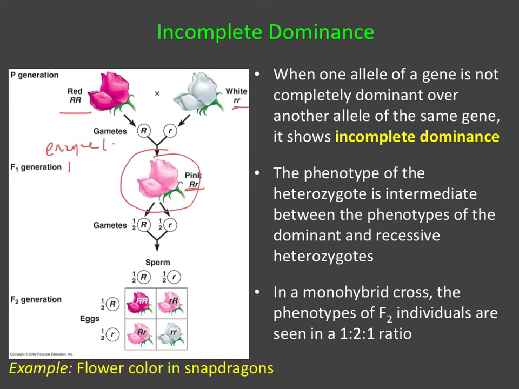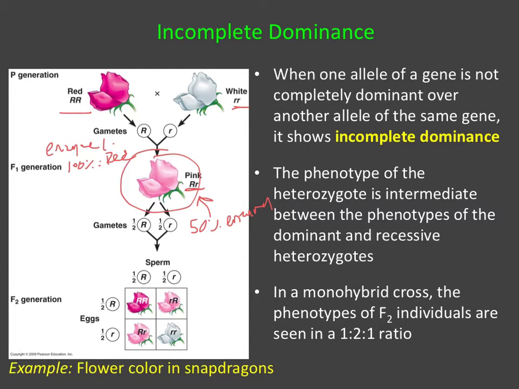Say you need 100% enzyme 1 to actually make red color. In the heterozygote, you only have 50% of enzyme 1. So you can make enough red that you end up with a pink flower.